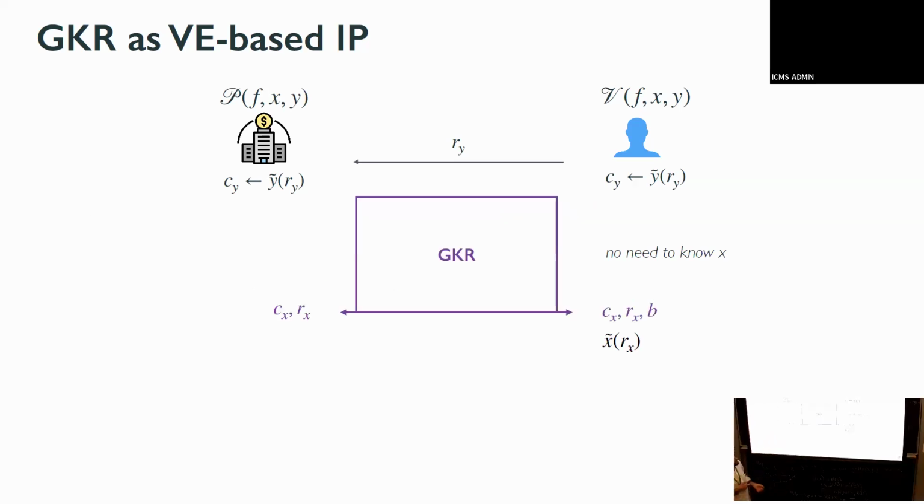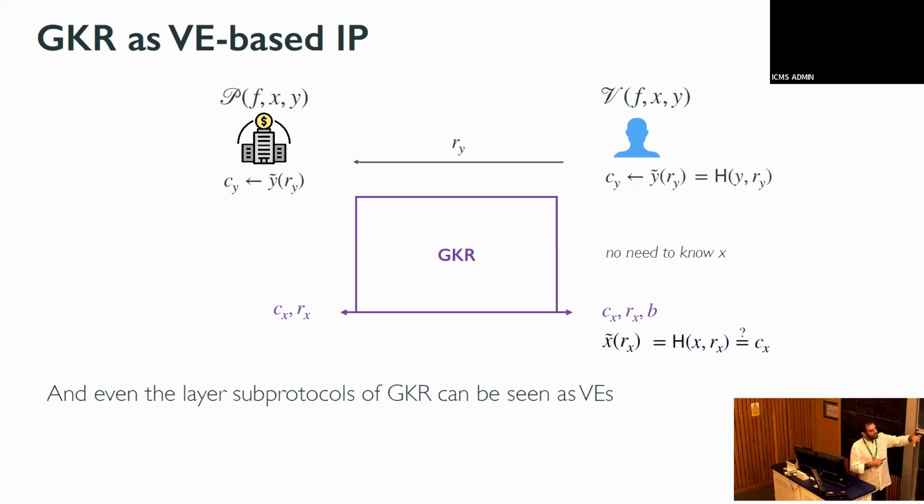But again, we can rewrite this as a VE protocol where essentially you conclude by checking an input fingerprint. And what is interesting, again, in GKR, the verifier doesn't need to know the inputs and outputs in this middle protocol.